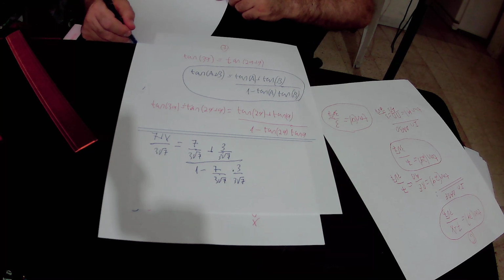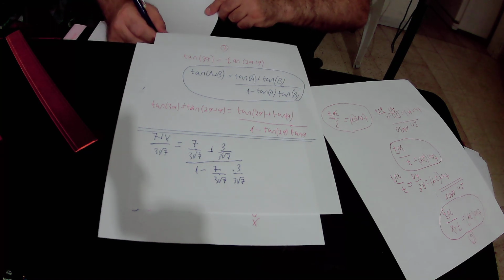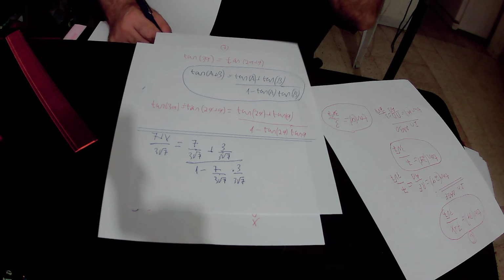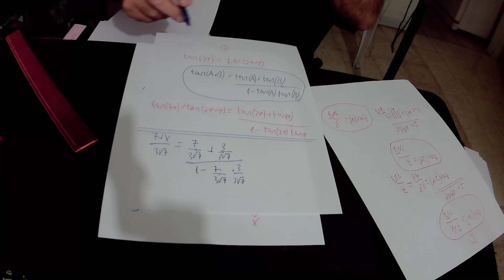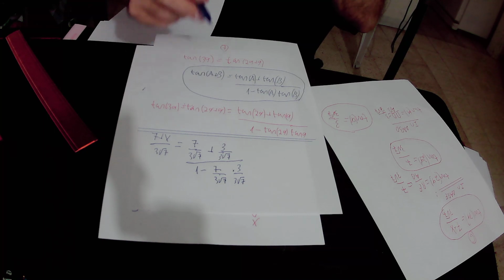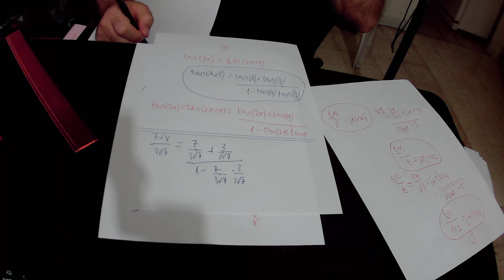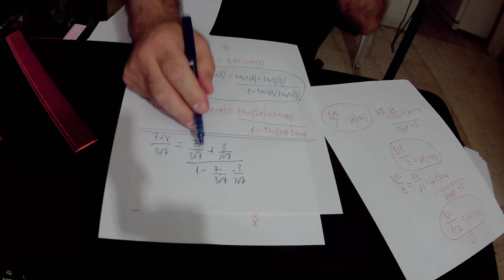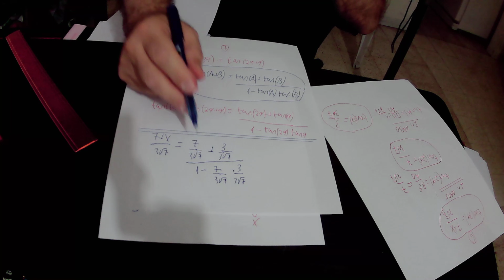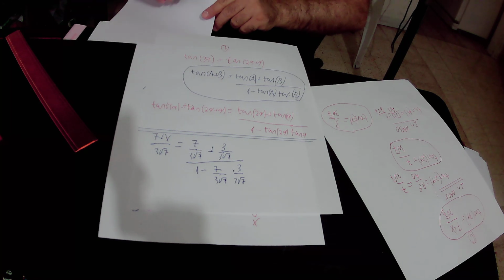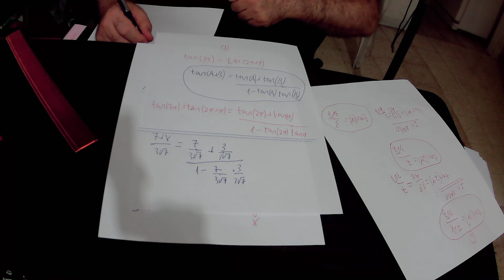And we will get that 7 plus x over 3 times root 7 equals, here 7 plus 3 is 10, 10 over 3 times root 7, all divided by, again we will substitute 1 by 3 times root 7 times 3 times root 7 over 3 times root 7 times 3 times root 7. That equals 1.